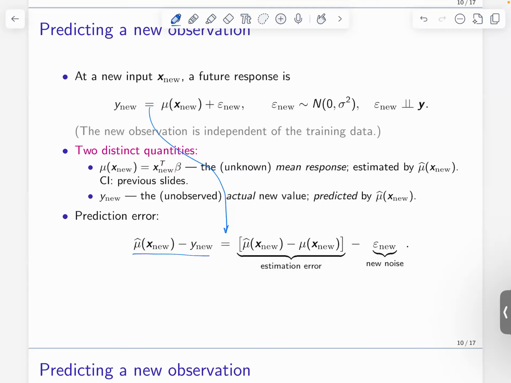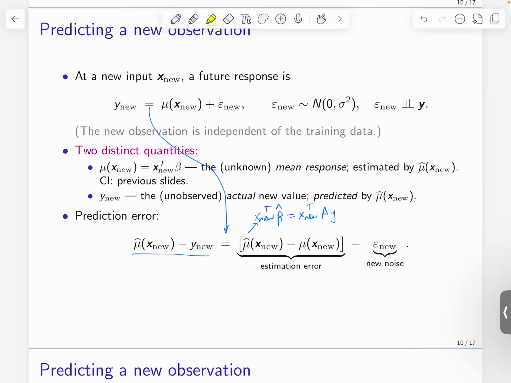And this is really x nu transpose times beta hat. If you recall, beta hat is a function of y. The whole thing is an affine function of y and epsilon nu, so it would be Gaussian, because y and epsilon nu are jointly Gaussian.